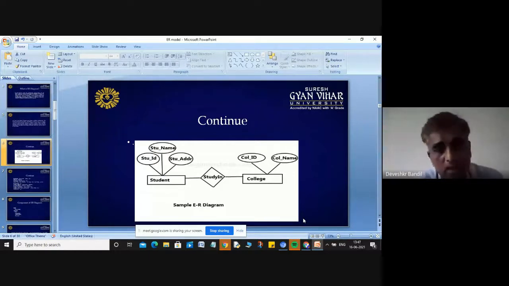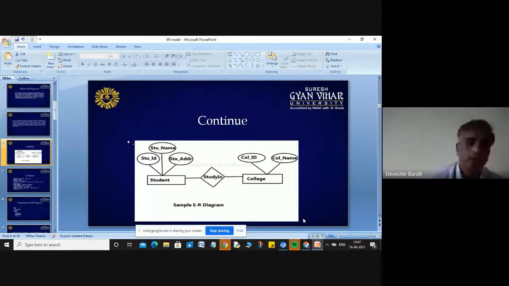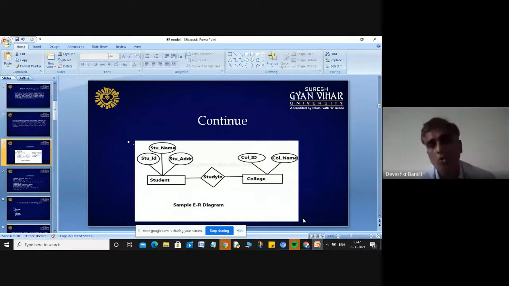How to represent the entity, I will discuss after some time. Here I am only describing the ER diagram. In this diagram, you can see there are two entities: first is your student and second is your college.